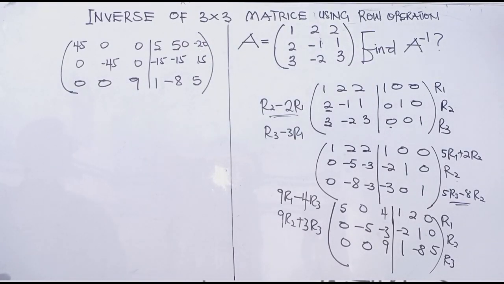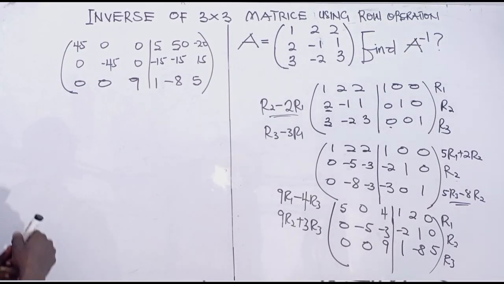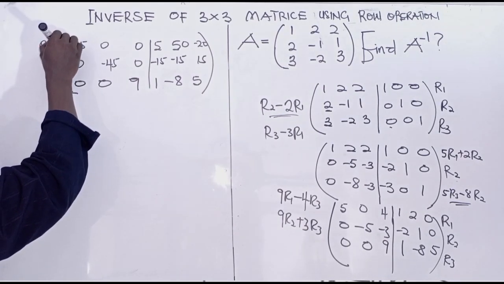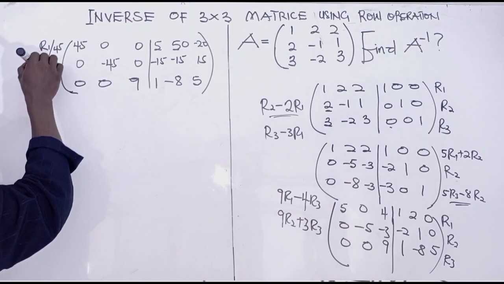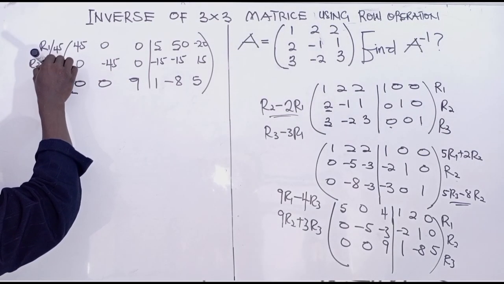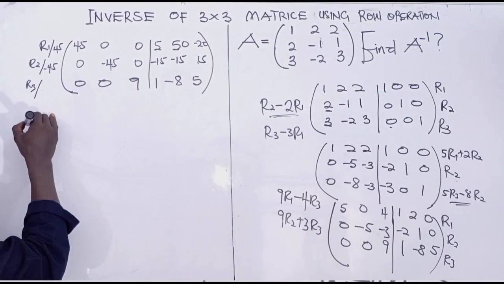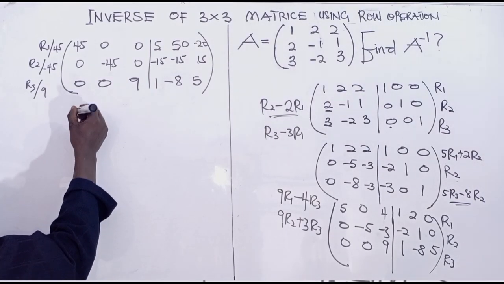positive 15. Now, the next thing that we are going to do is to make sure that the leading diagonals are all 1s. So we are going to have R1 divided by 45, and then we want this entry to be 1. So we have R2 divided by minus 45. We want this entry to be 1. So we have R3 divided by 9.